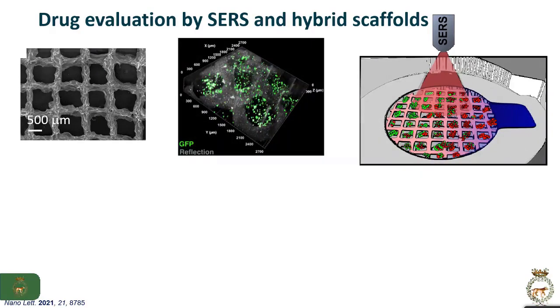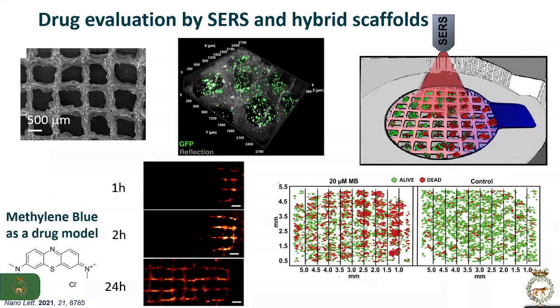So in this example that you see here, the green spots are cells that are expressing the green fluorescent protein. They are embedded in these gaps between these lines that are made of a hydrogel containing gold nanoparticles. And then we can irradiate, we can monitor the diffusion of the drug through this construct, and we can correlate the diffusion of the drug with the death of the cells that are embedded in this system.